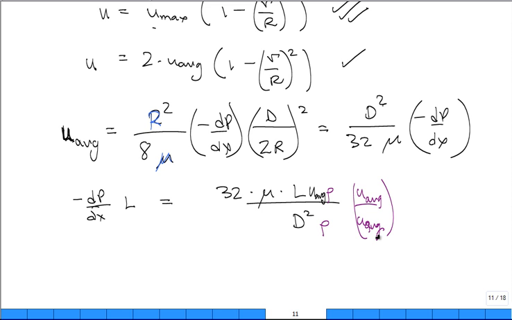Okay. And let me have this D and put another D, split the D's. What is rho V D over mu? That's right. So what we pick up is the Reynolds number right here. Okay. Right.